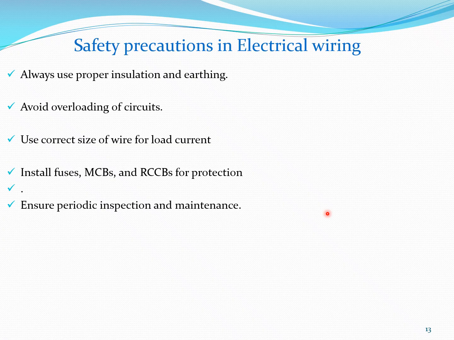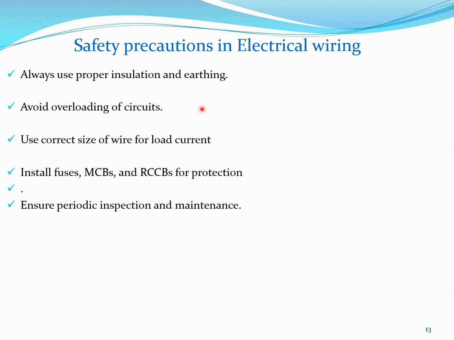Now, if we are going to erect electrical wiring, what safety precautions do we need to take? The first one: always use proper insulation and earthing. It will help to avoid mishaps like short circuit faults or fire due to short circuit, so such incidents can be avoided.